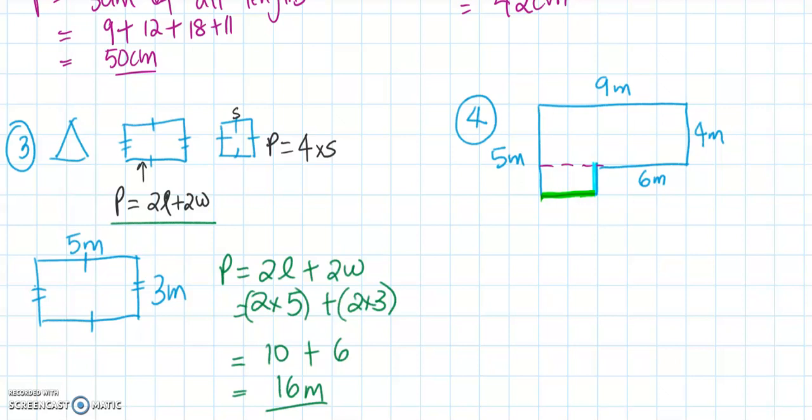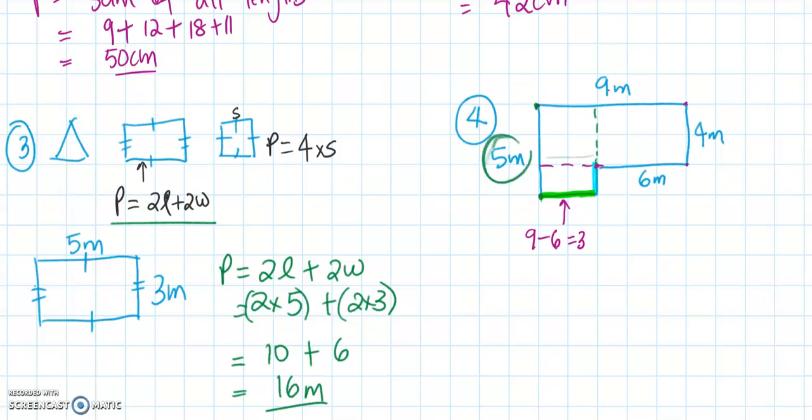Now we know that from that point to that point is 9 meters. So if I bring that point down to there, from there to there is 6. So what's remaining over there is 3, because 9 take away 6 is 3. Likewise, vertically, the side length from that point to that point is 5.